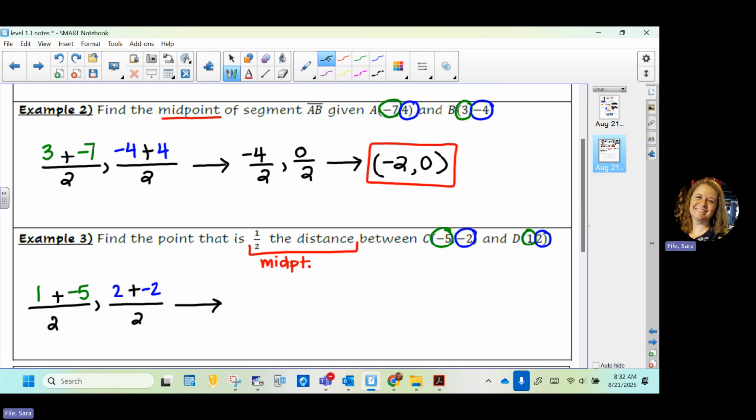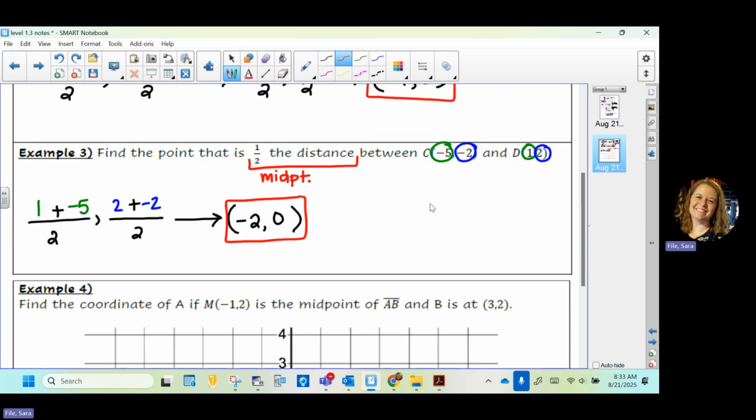I'm going to go ahead and do this in one step. -5 and +1 would be -4. -4 divided by 2 would be -2, right? What's 2 plus -2? 0 divided by 2? Still 0. So this is the midpoint this time. Ended up getting the same midpoint as the other one. That's okay. All right, back to the coordinate grid.